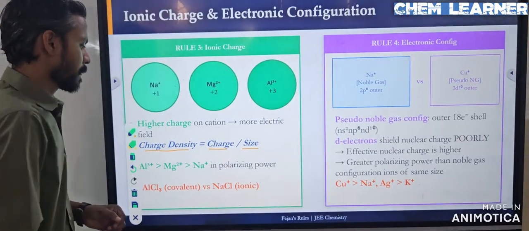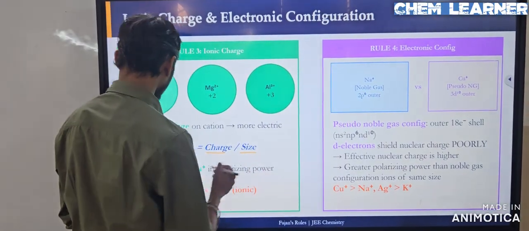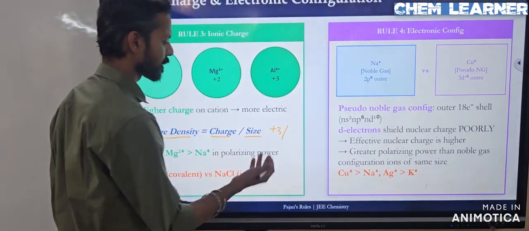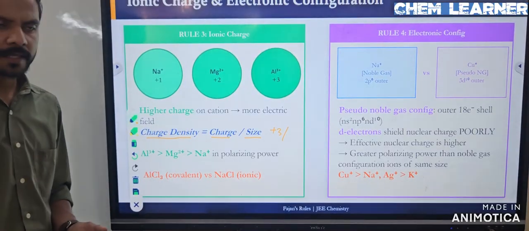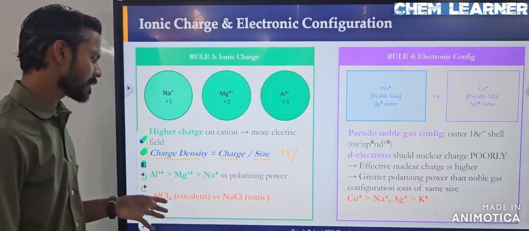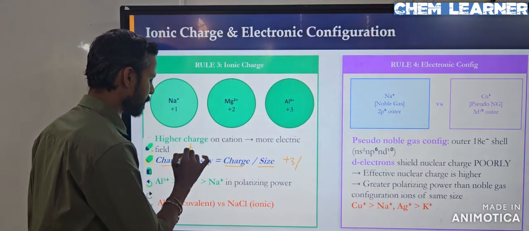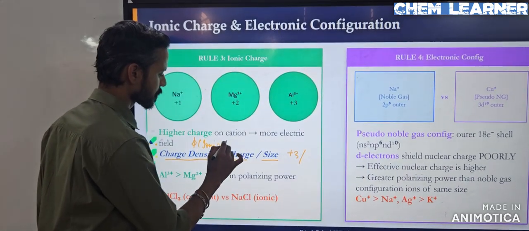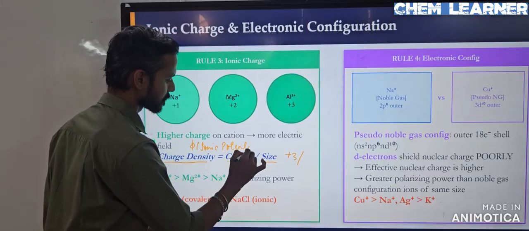For example, if we take Al3+, the charge will be +3 and the size will be its ionic radius. So we put the value here, then we can calculate the charge density. This charge density is actually represented by phi. It is also known as ionic potential.